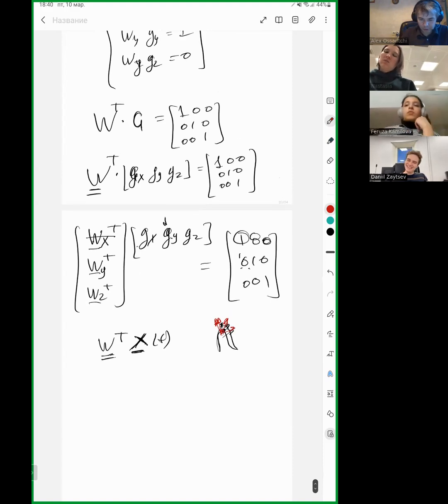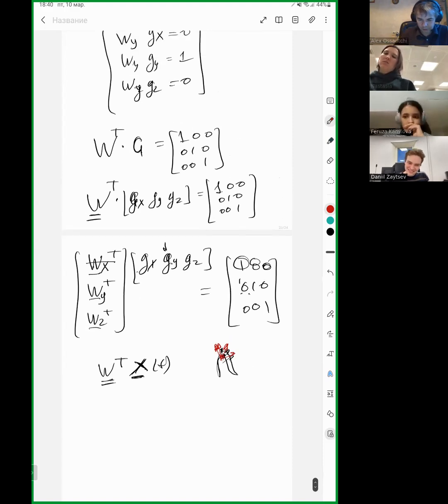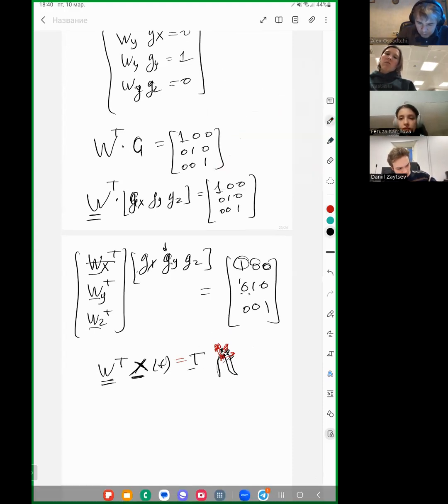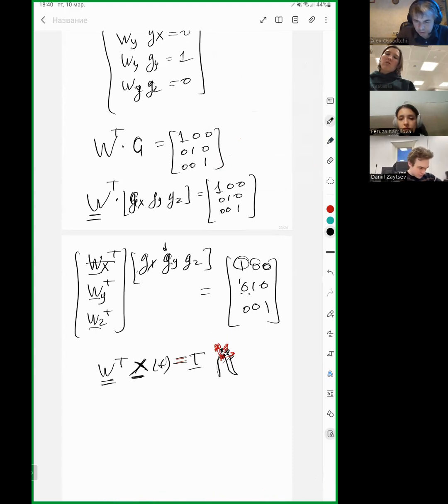So anyway, this is a formulation of the vector beamformer, and you want to say that here. What do you want to say? You want to say that it's equal to identity, right? No, sorry, it's not this. Let me remove this and make this formulation. And then you want to say that W transpose times X, right?